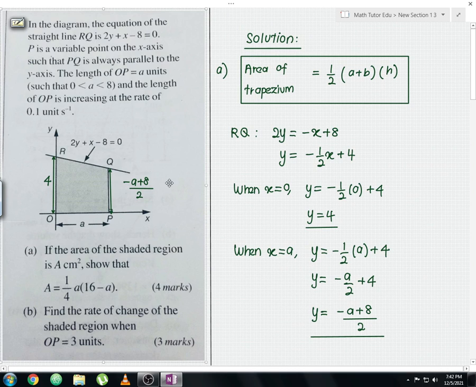I hope you understand the working till now. We have already got the length of the two sides and we know the height is given as A. So we can use this information to calculate the area of the trapezium by using the formula given.